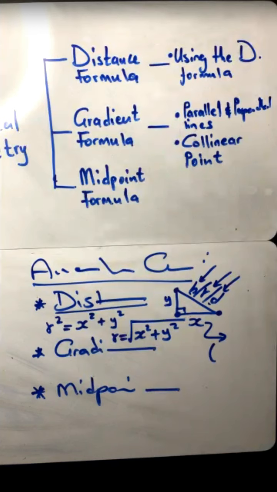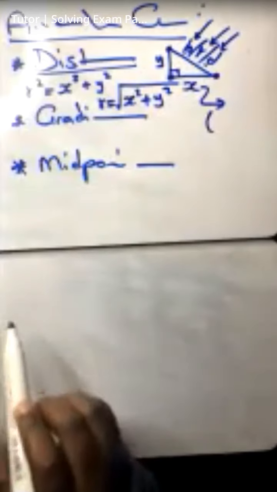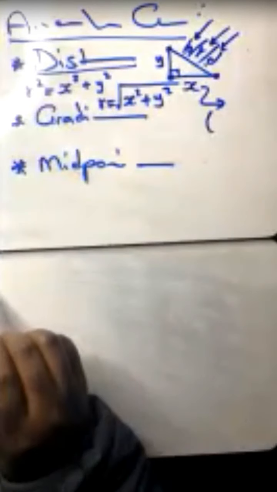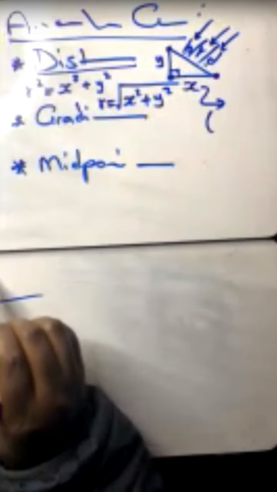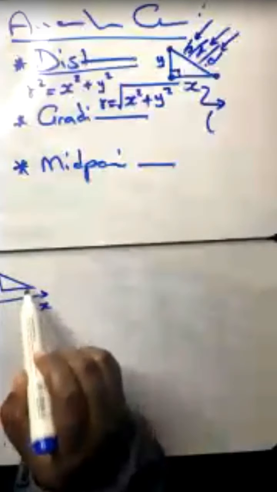Let me get a new board so that I can explain everything related to the distance. Let's say on a Cartesian plane where we've got the y and the x, we have a triangle.